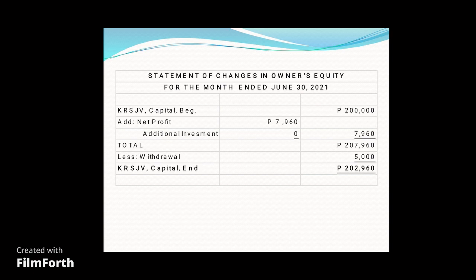So the total amount is 207,960 less withdrawal with a 5,000 balance. So the Chrisjiv capital end is 202,960.